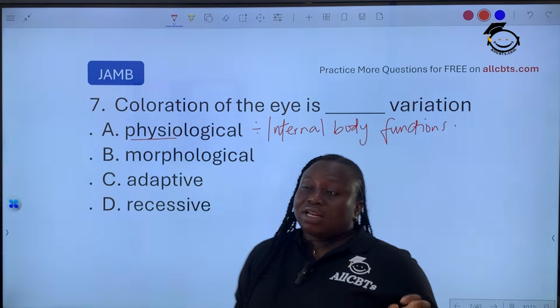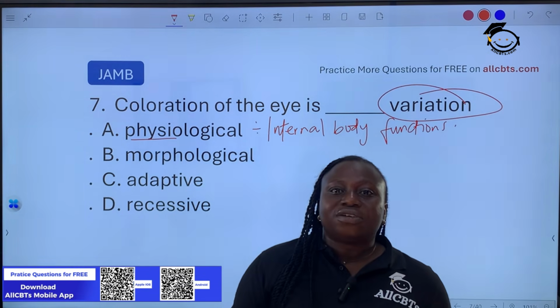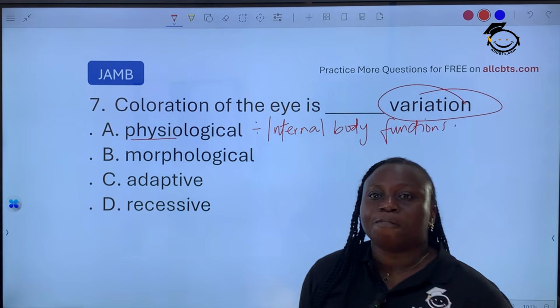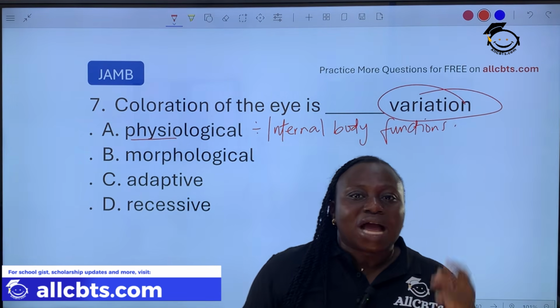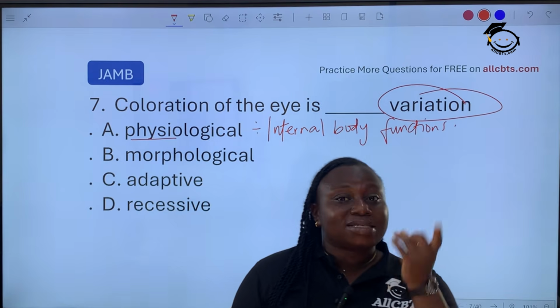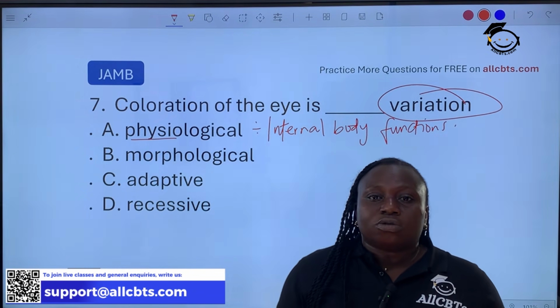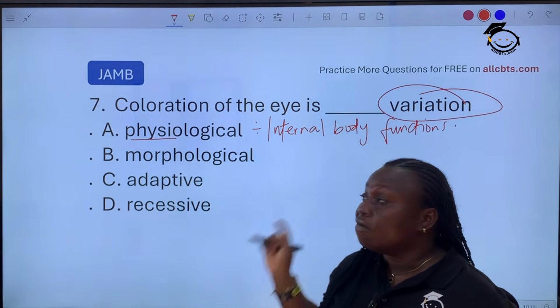Don't forget that, okay, let us even define variation. Variation is talking about the difference between one person and another person, one organism and another organism. Variation will tell you that no two people can be exactly the same except for identical twins, but they will tell you that no two organisms can be exactly the same because of variation.